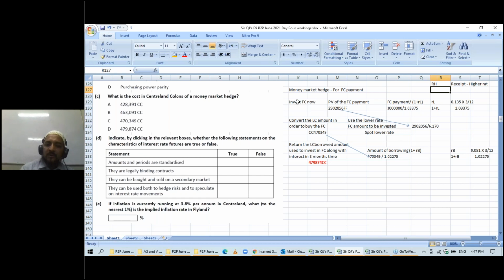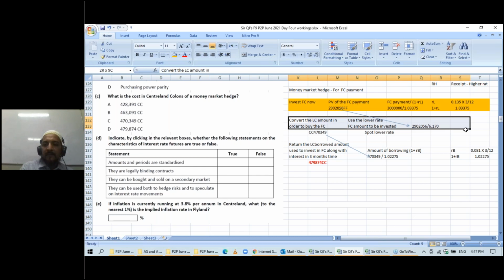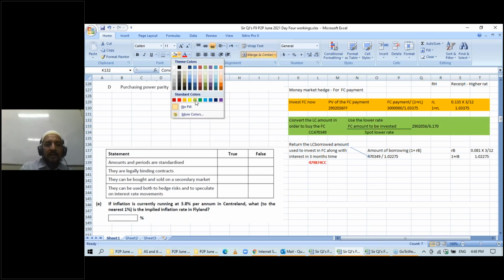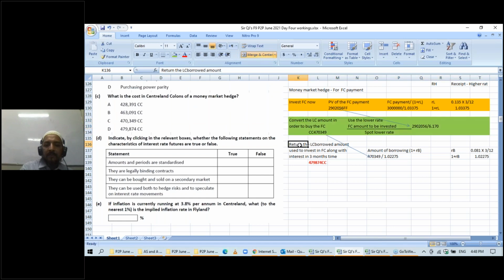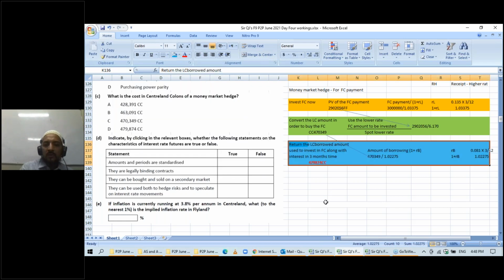It's a 3-step strategy in the receipt, and a 3-step strategy in the payment as well. Let me shade these 3 steps: the golden step, then the second step in green, and the third step in blue.